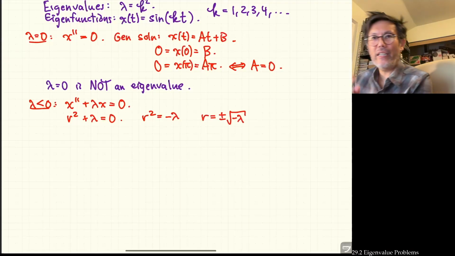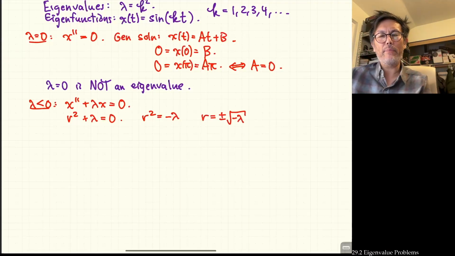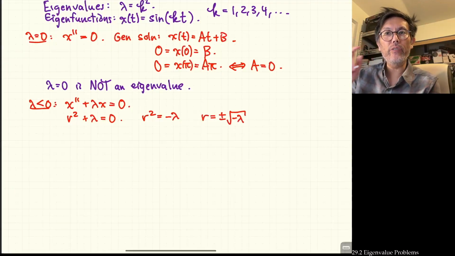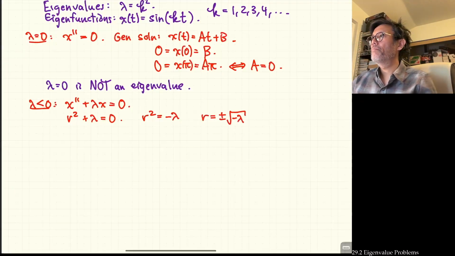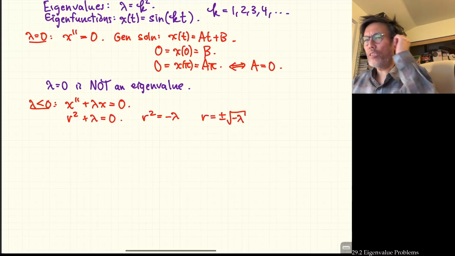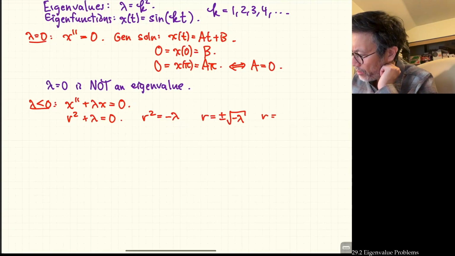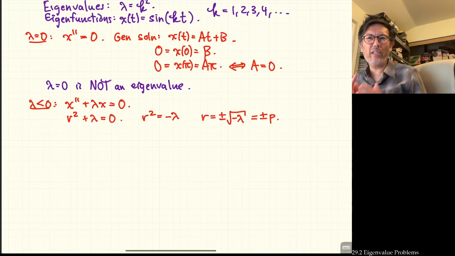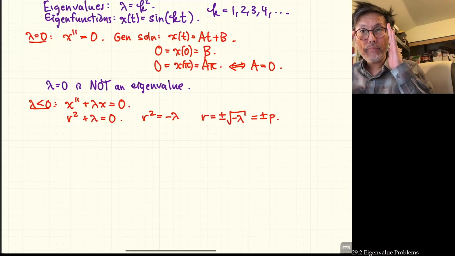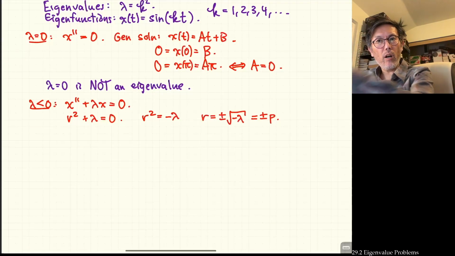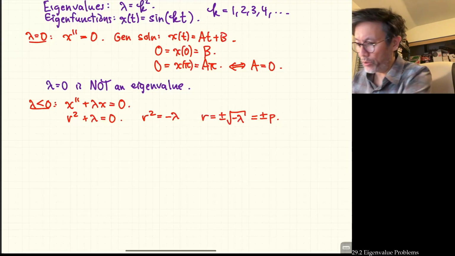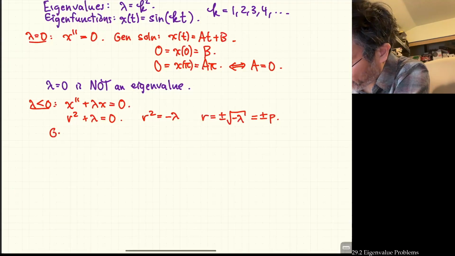Now, it's a pain in the neck to keep writing square root of negative lambda. So let's give that positive real number a name. Let's call it p. So r is equal to plus or minus p. This is just going to make it easier for me to write things down. Then what is the general solution to this differential equation?